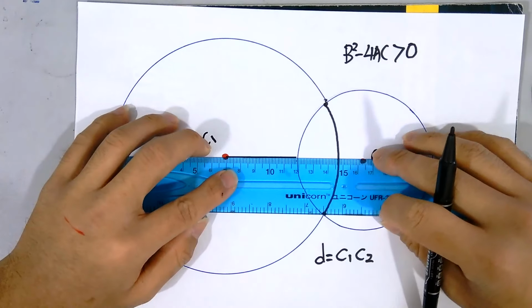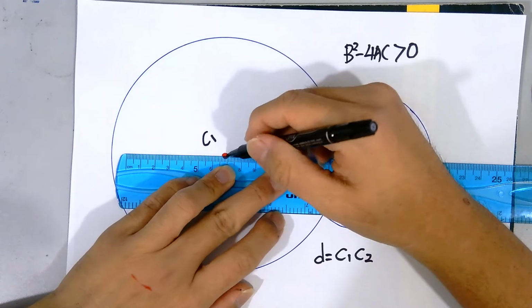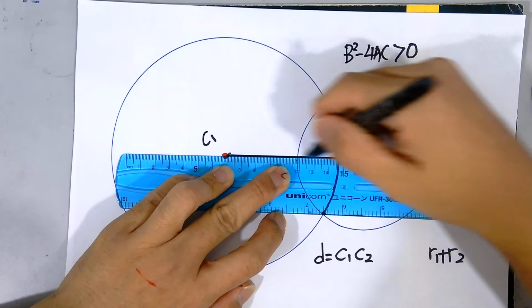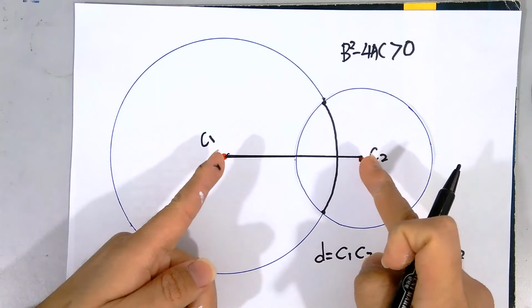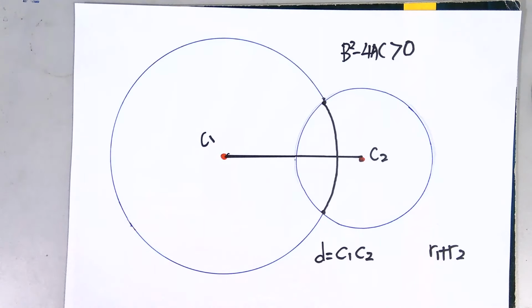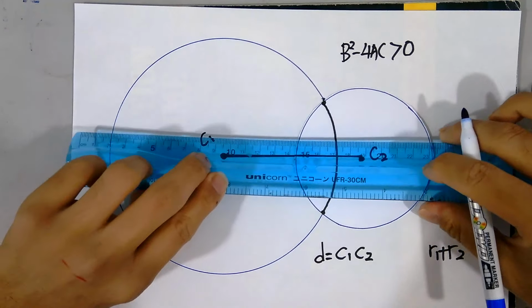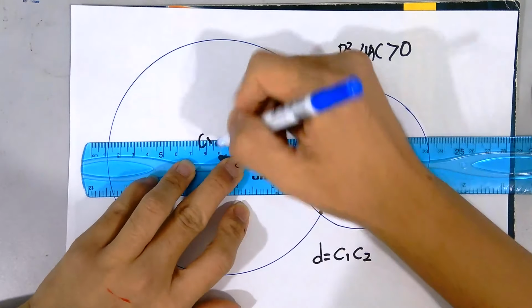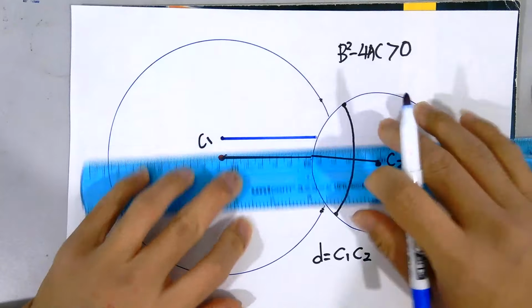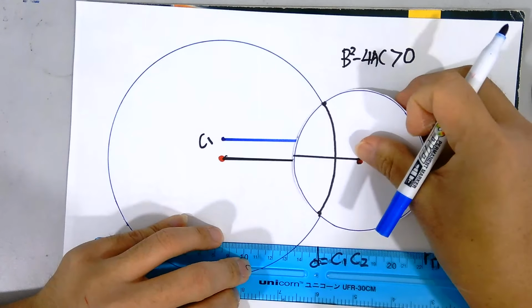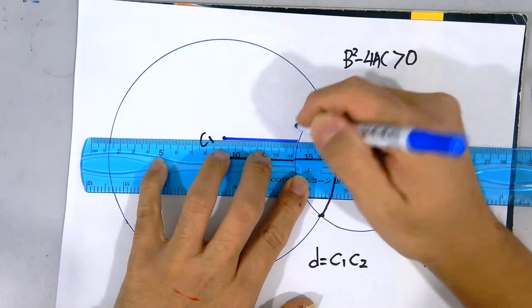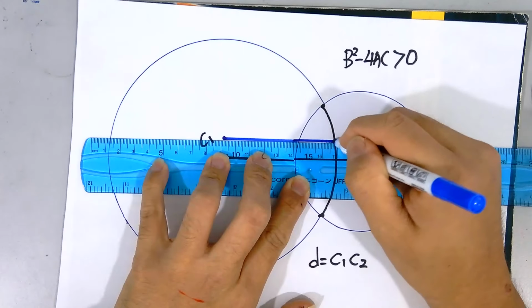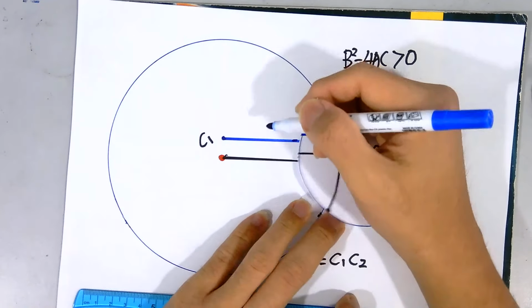The distance between the two centers of the circles is D. This is D. The distance from the center of the circle to the circle is the radius.